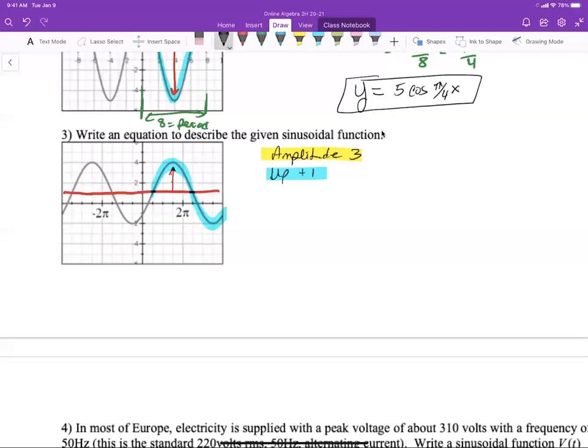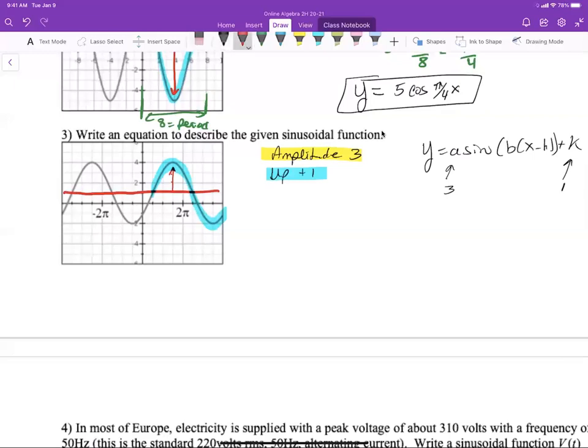So let's write out our function. y equals a sine of b times (x minus h) plus k. And so we just found a to be 3. We know that k is 1. How much did we shift to the right?